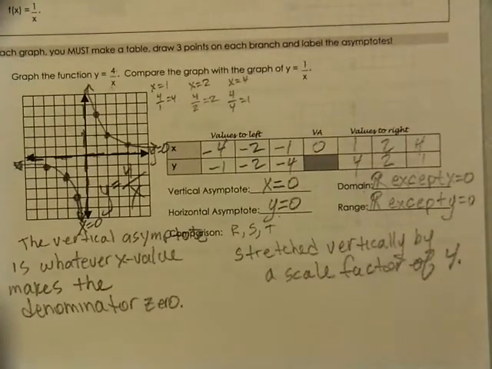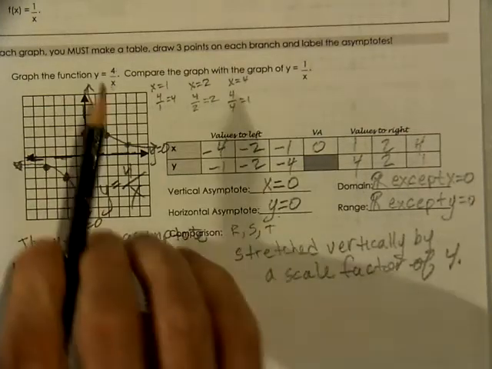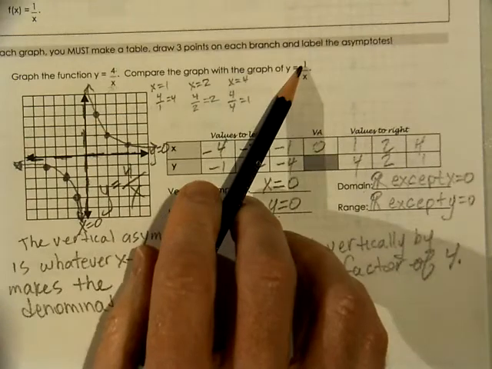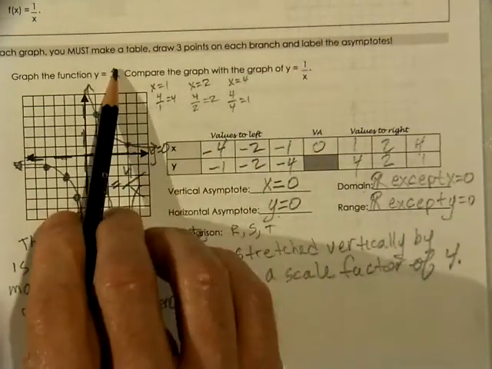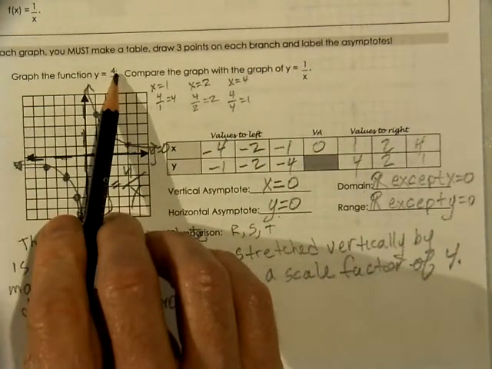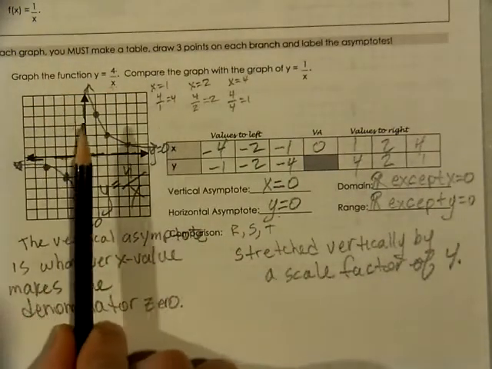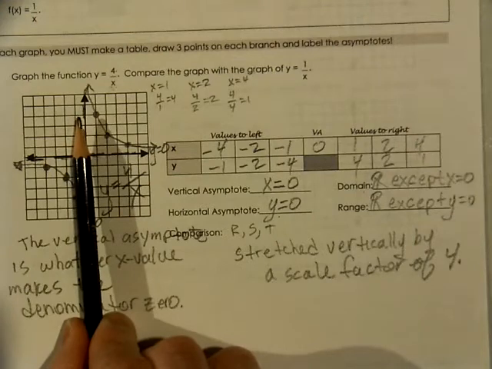Stretched vertically by a scale factor of 4, because this value is 4 times the 1. 1 times 4 makes that. There is no translation. We haven't moved the asymptotes off the axes.